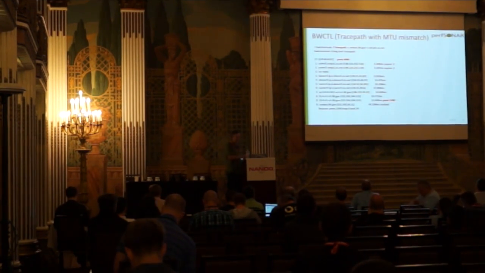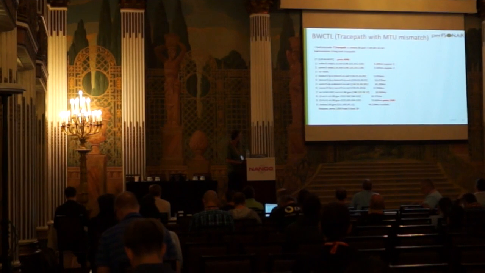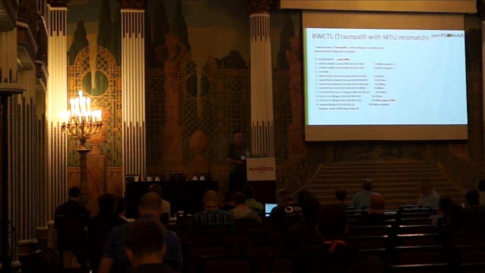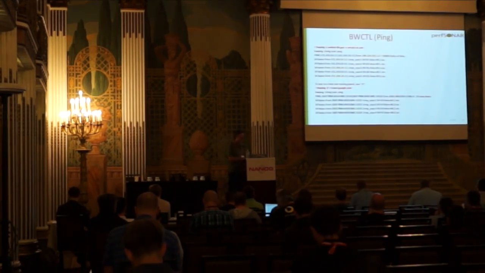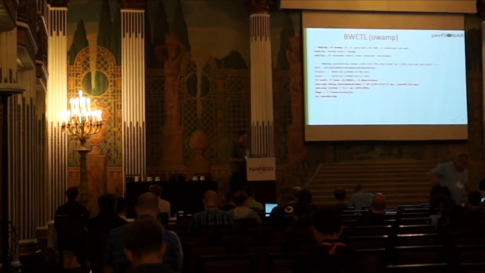It does it well, and you can see exactly what segments are jumbo clean and what segments aren't. Very, very useful. You can just run pings from anywhere to anywhere, also very useful, and run OWAMP from anywhere to anywhere.